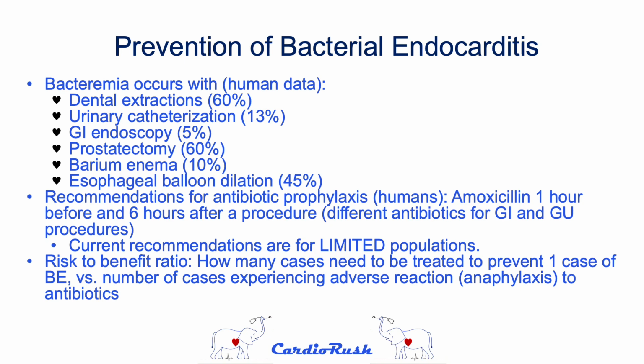On the basis of this calculation, the recommendations have been to be a little more sparing with when you would give antibiotics to try to prevent bacterial endocarditis, despite the fact that there's a number of different clinical situations that can lead to bacteria in the bloodstream, such as dental extractions, gastrointestinal or urinary procedures, and other medical interventions.